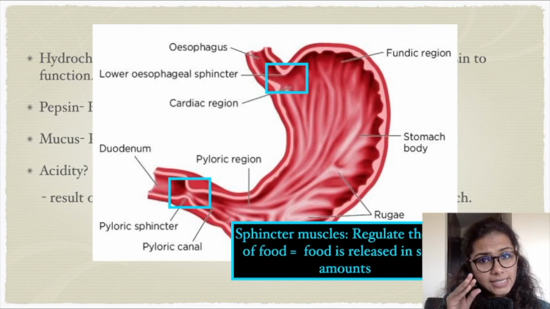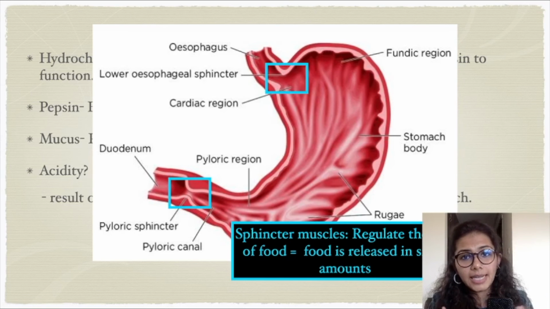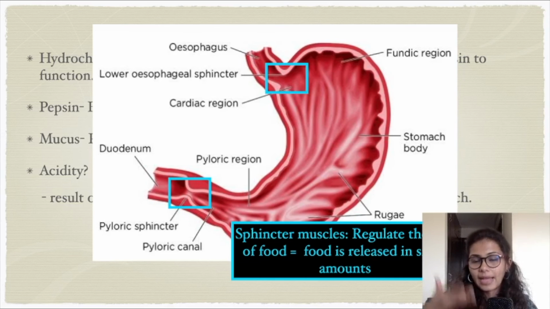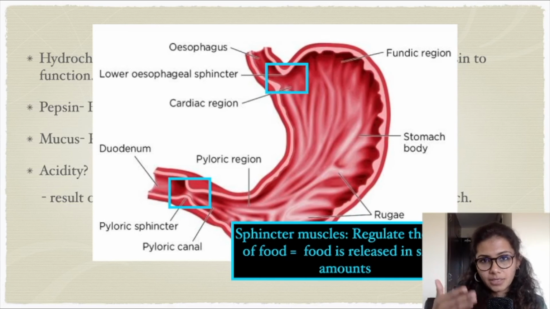So it contracts and expands, and makes sure only a little food exits and enters the stomach in controlled amounts, little at a time, right? It also makes sure that food doesn't go back up from the stomach to the mouth.